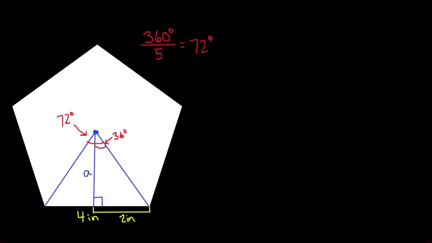So what we're left with now is a triangle, and we know an angle of the triangle, we know the length that's opposite of the angle, and we're looking for the side length that is adjacent to that angle. If you think back to trigonometry, we can use tangent.